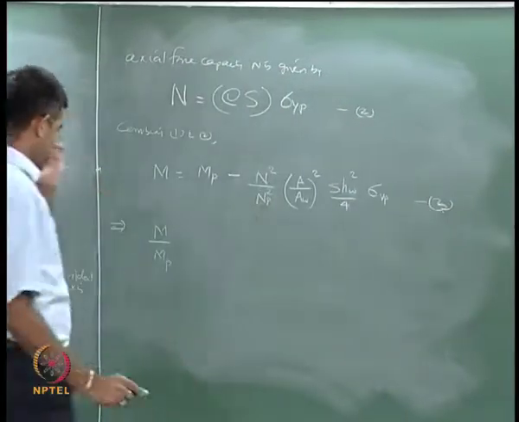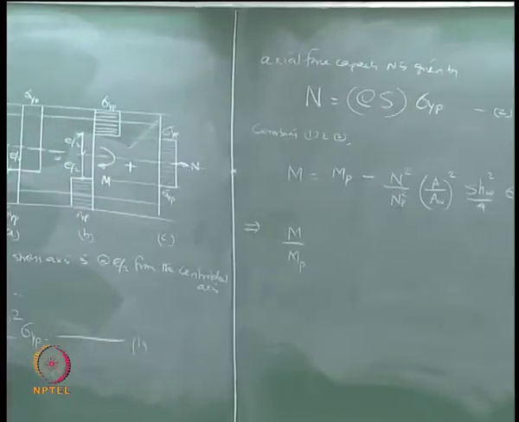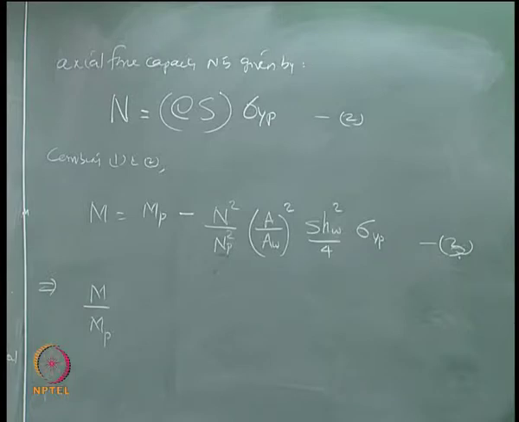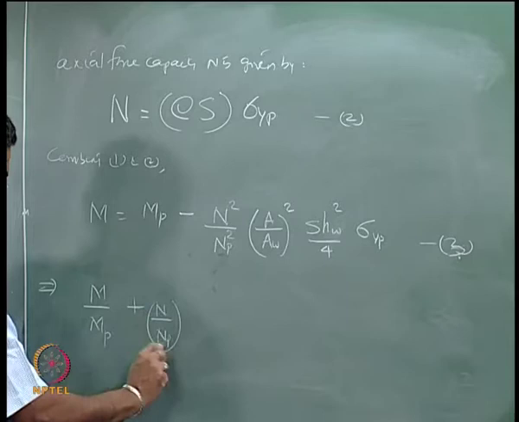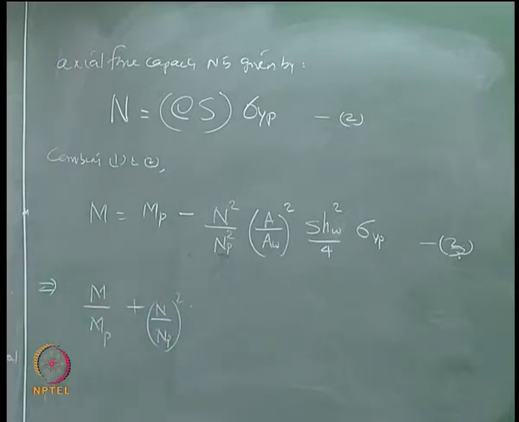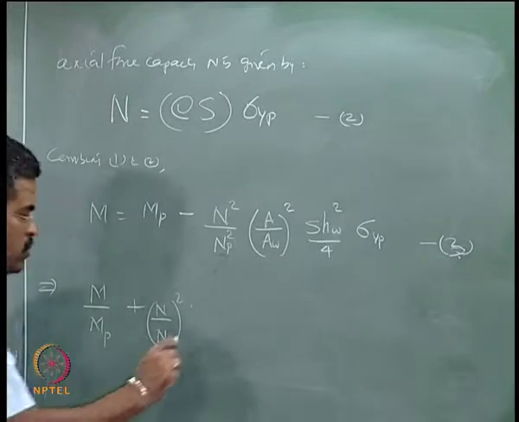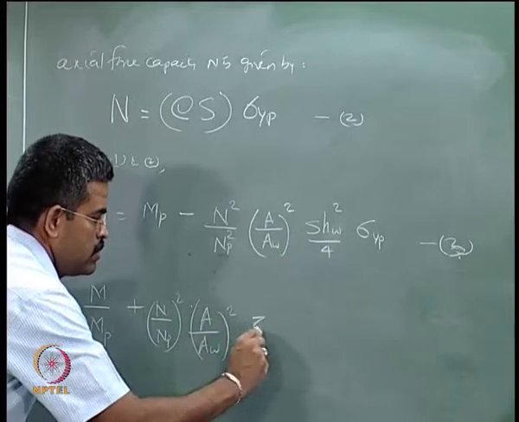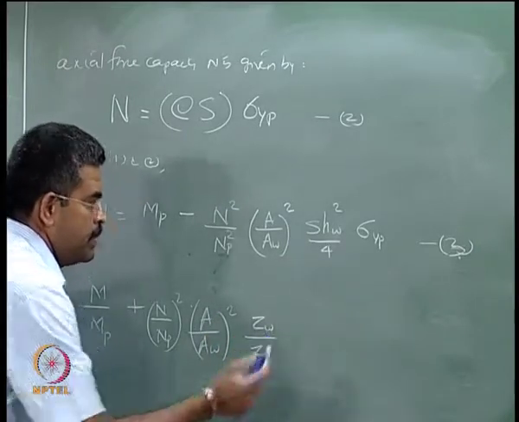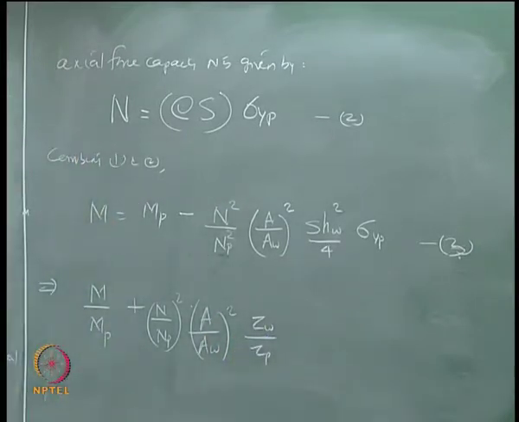2 is here, 3. So rewriting 3: M by MP plus N by NP square of A by A W square ZW by ZP. ZW is the section modulus of the web alone and ZP is the section modulus of the entire section, okay, is given as 1.